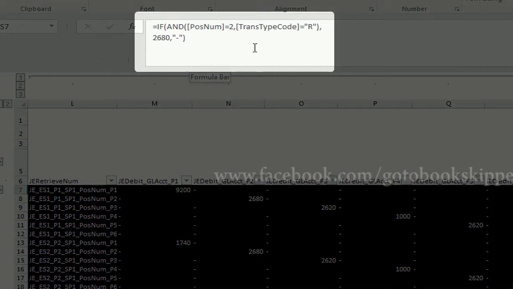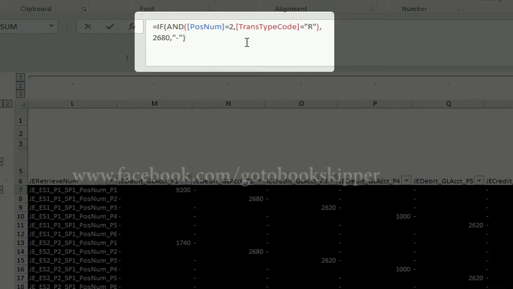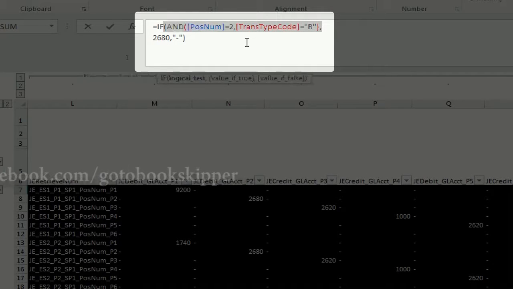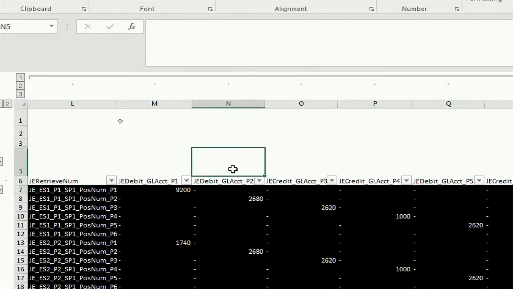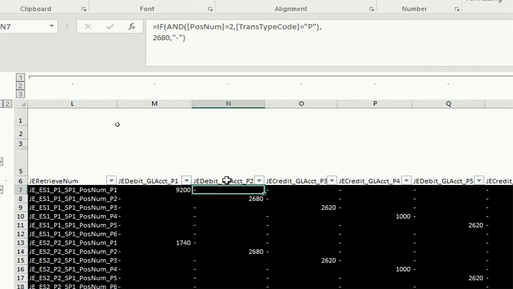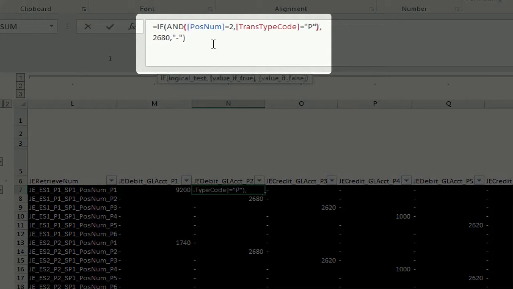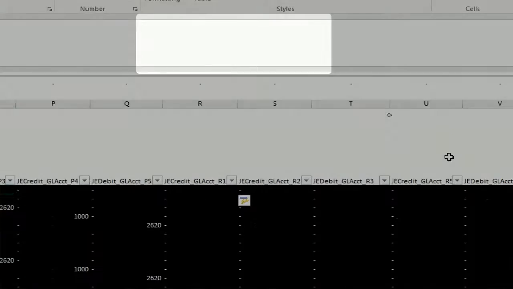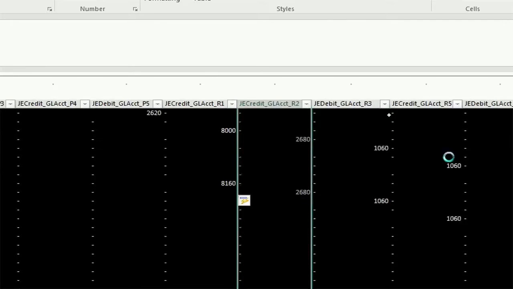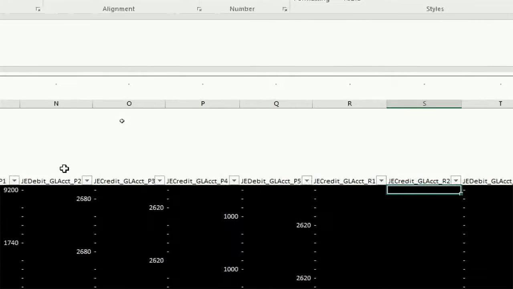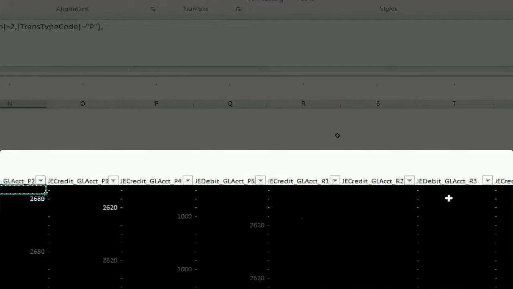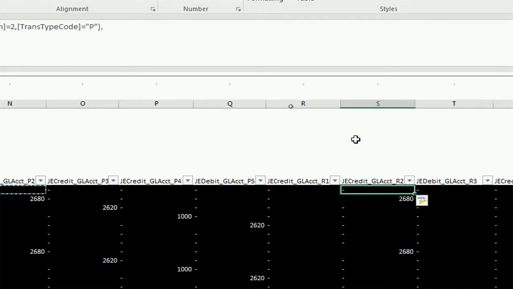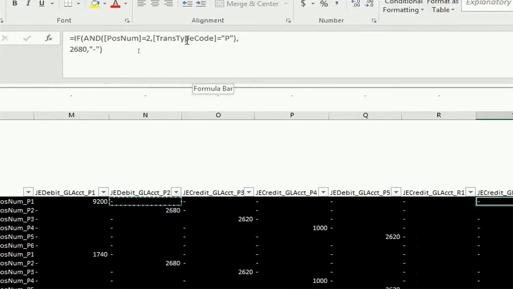When we look at the formula for the R2, position 2, if the position is 2 and it is R, which is a revenue transaction, we look for the account number 2680, which is very similar to the one we did for the purchase transaction, except the type code is P. Let's delete everything from R2 and we can copy everything from P2, Ctrl+C and Ctrl+V, to paste it to the revenue R2.